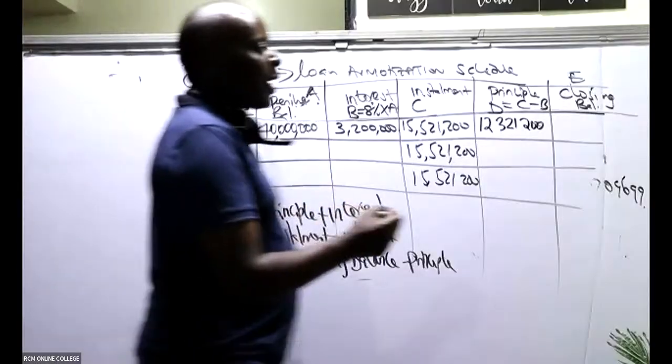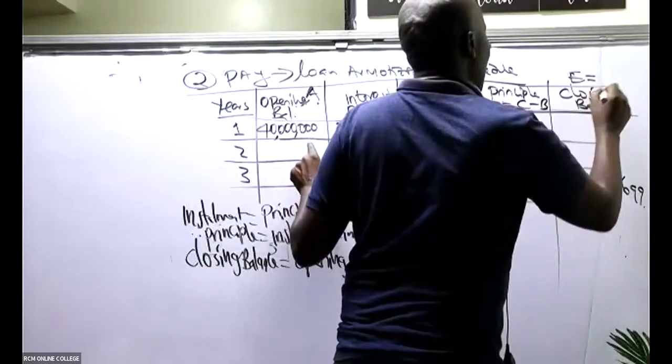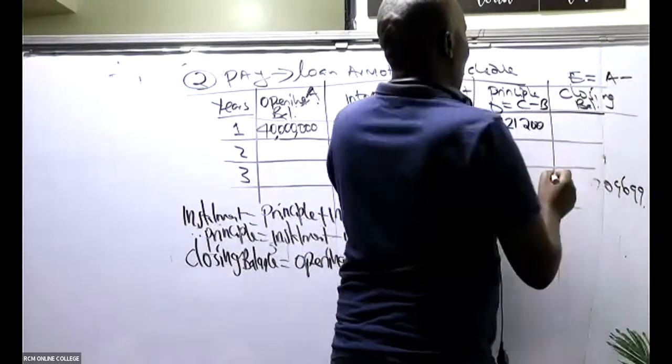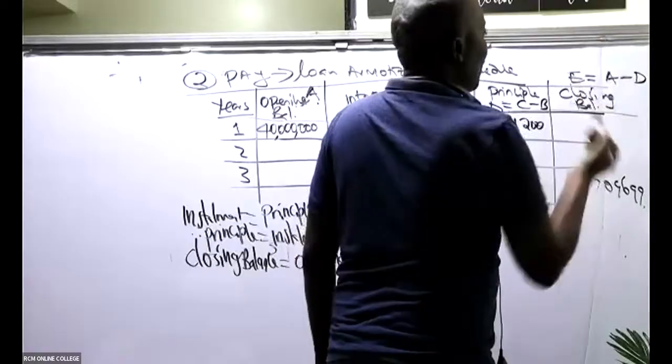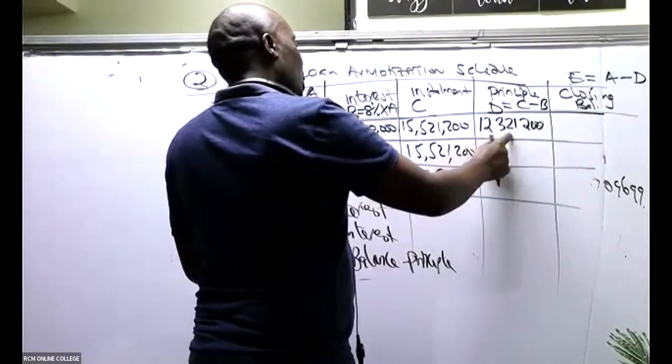Somebody has already told me that this E will be equal to the opening balance, which is this A, minus the principal here, which is this column D, A minus D. So you take the 40 million, you subtract 12,321,200.